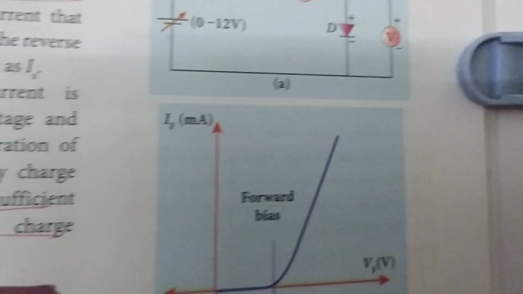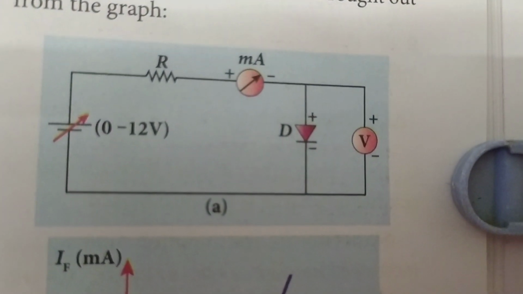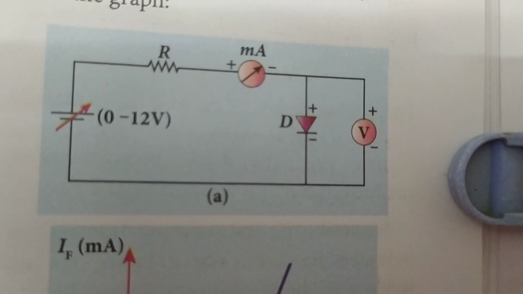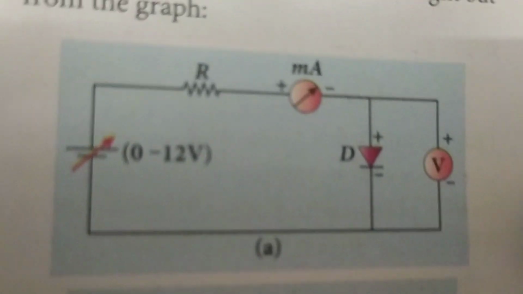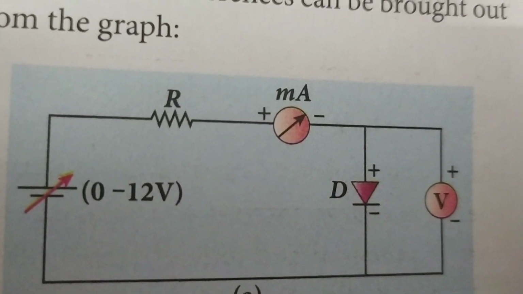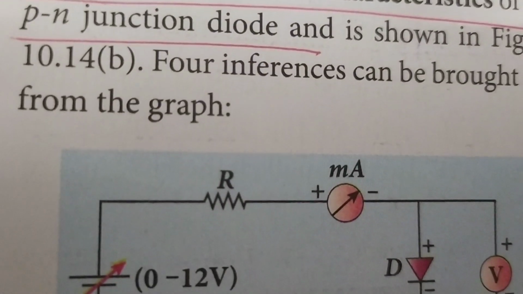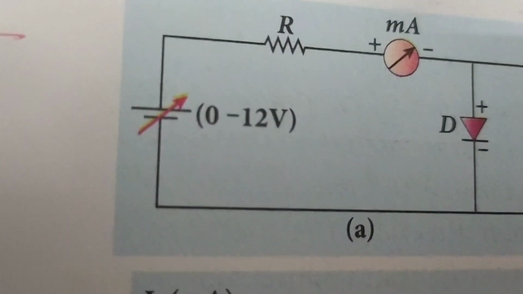flow of current. You see this is a circuit diagram for forward bias characteristics, and the diode is shown in red color, and the positive is connected with the positive and negative is connected with the negative, and a milliammeter is used to measure the current, and here R is the external resistor to adjust the flow of current, and this is a variable voltage supply.